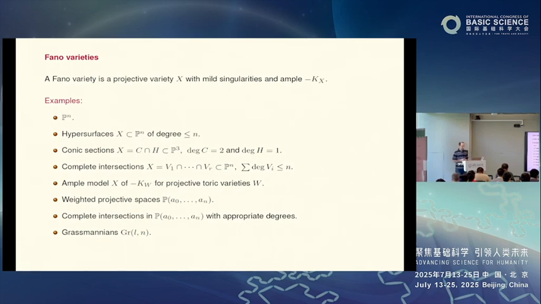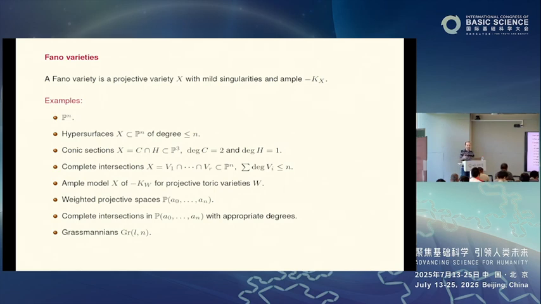And among these toric spaces, there is a special kind called weighted projective spaces. These are more general forms of usual projective spaces, and they are also very useful for computations and constructing examples. Also, inside these weighted projective spaces, you can take hypersurfaces and intersections.